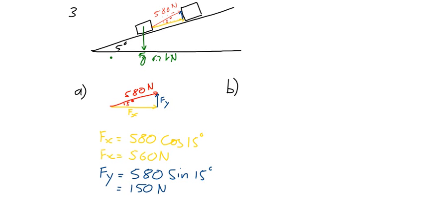Right, so that's for A. What about my B section here? It says B, calculate the component of the car's weight. Okay, so now we're talking about our weight. Here we have this, that, and that. This is FG parallel to the road, and this is FG perpendicular.